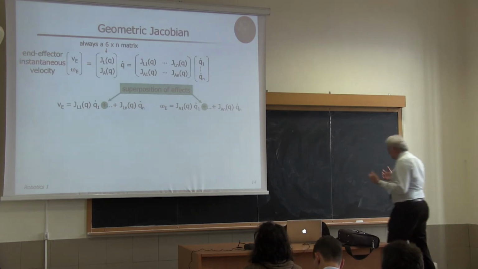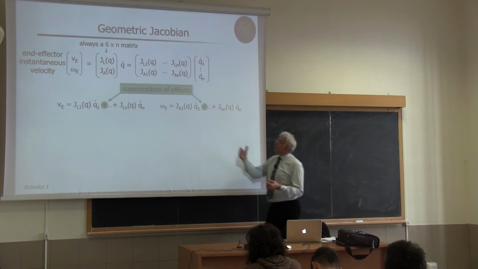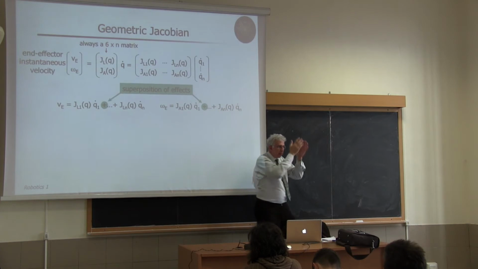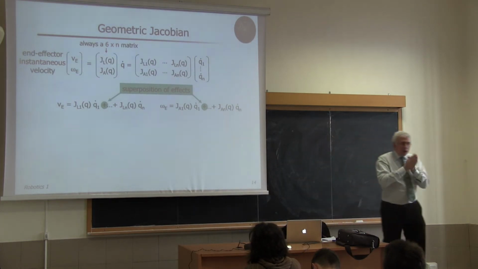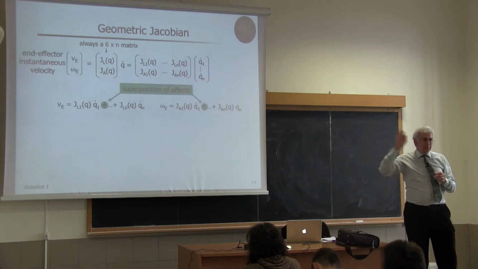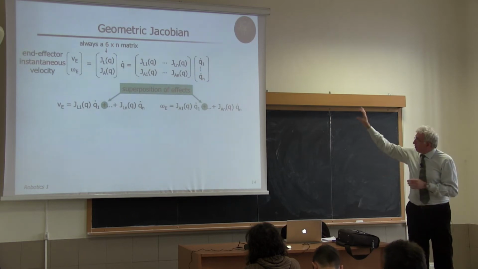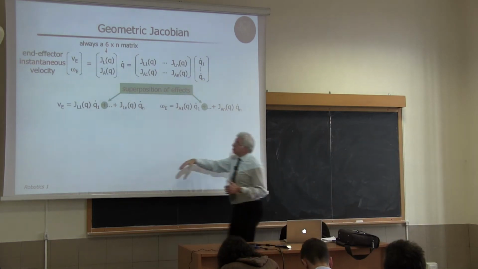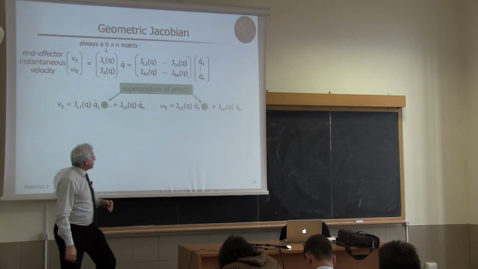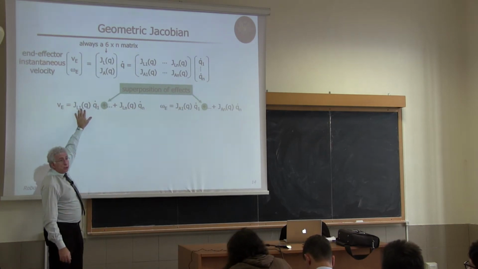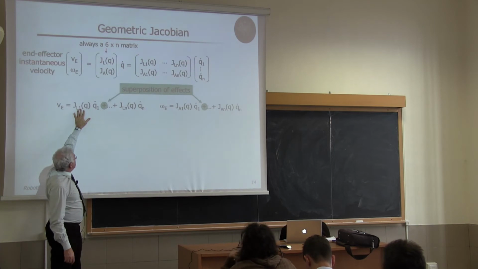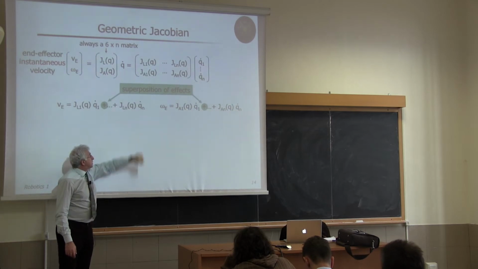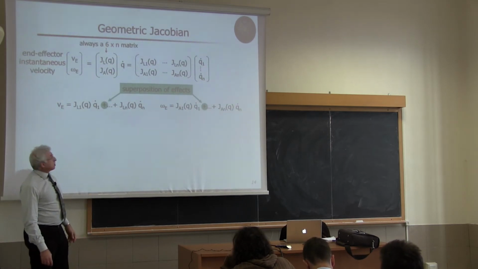And then, as with any product of a matrix times a vector, you can always write this product as the combination of the columns of the matrix, each weighted by the associated component of the vector which follows. So if we split this in two, the linear velocity of the end effector is the top part of the first column times q1 dot, then the second column, and so on, each times its associated joint velocity.